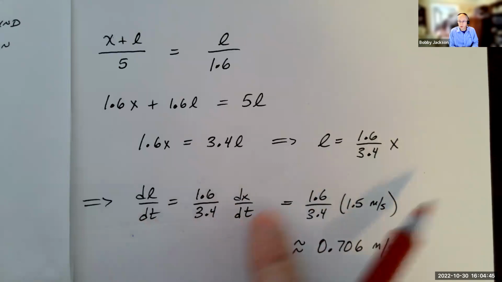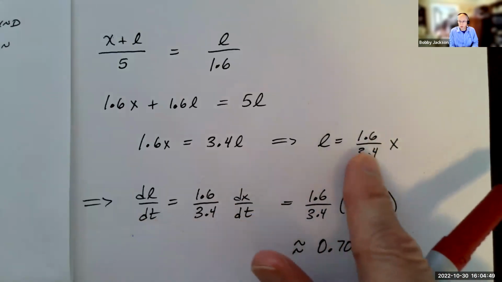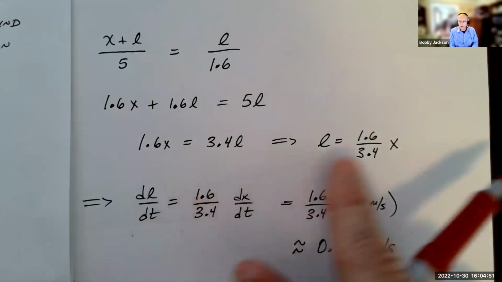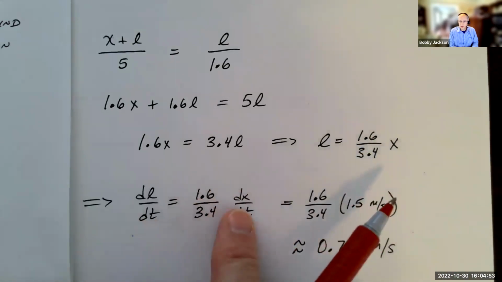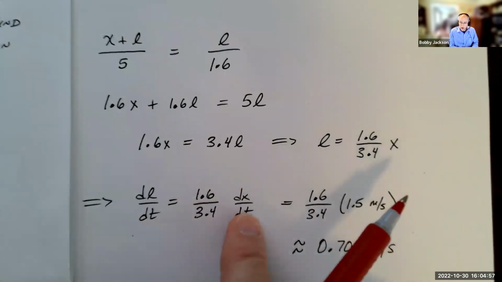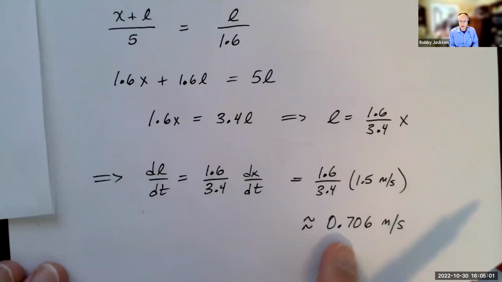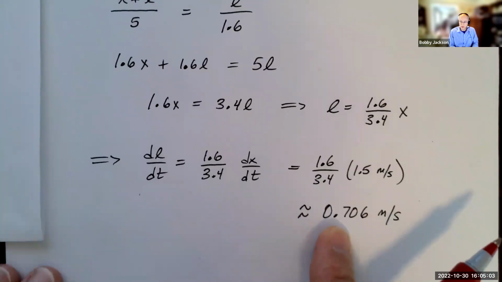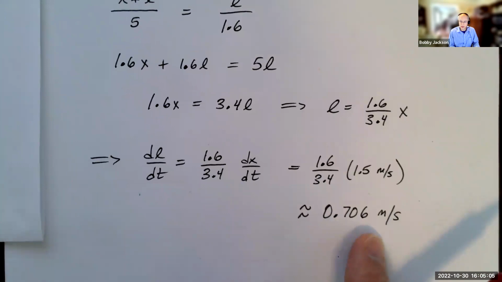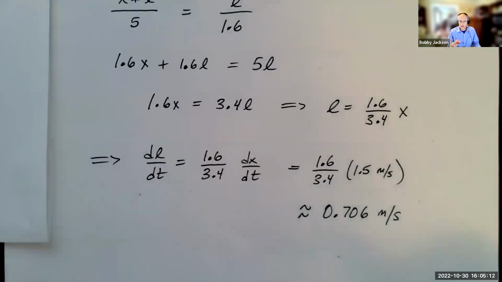So it's very simple, right? It's just like y equals mx, just a slope, really, times the rate of change of x with respect to time, which we know. dx dt we know is 1.5, so I can plug that in and I get approximately, to 3 decimal places, 0.706 meters per second. And it is positive, which is good because we would expect that to be positive since the shadow is indeed lengthening.